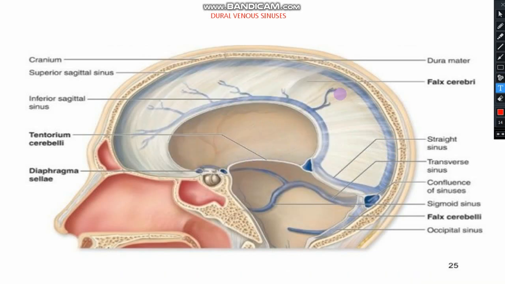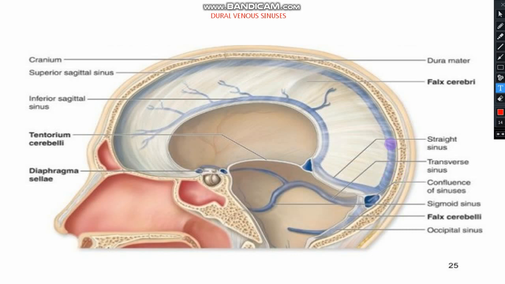They collect the blood from the brain, meninges, diploe, that is from the skull bone, and from the internal ear and orbit.